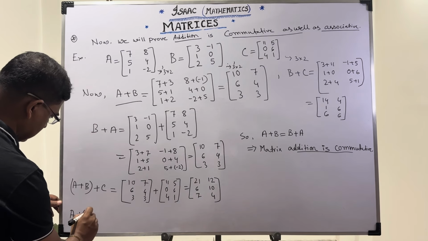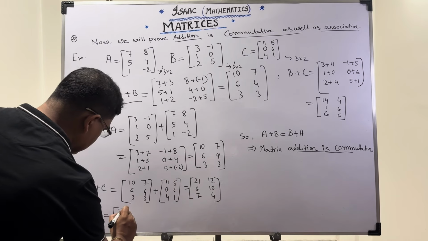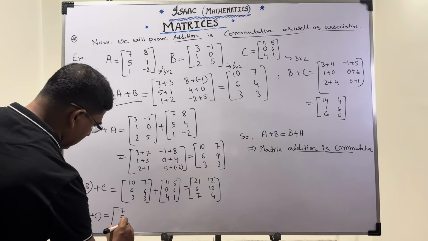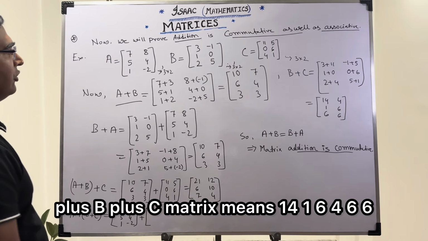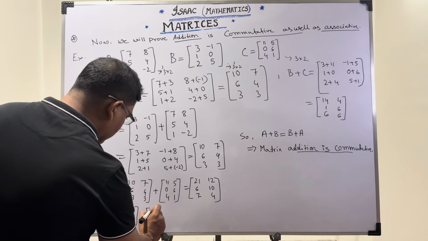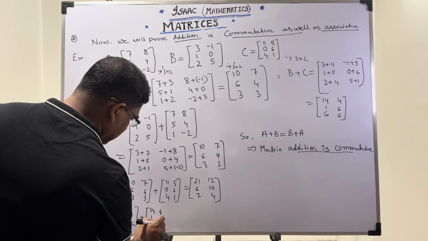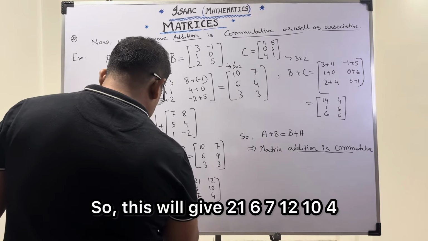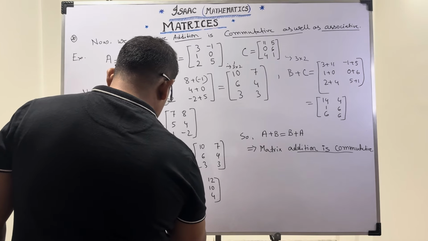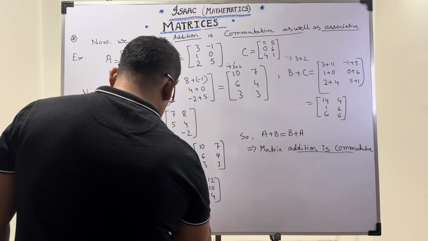A plus B plus C, where A matrix means 7, 5, 1 along first column, along second column 8, 4, minus 2, plus B plus C matrix means 14, 1, 6, 4, 6, 6 along second column. So this will give 21, 6, 7, 12, 10, 4.